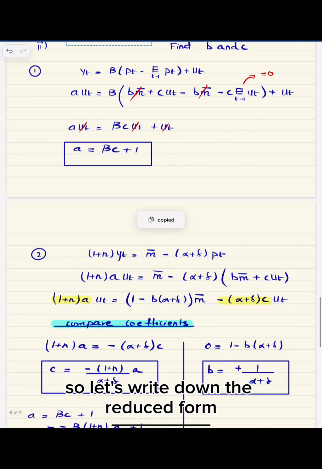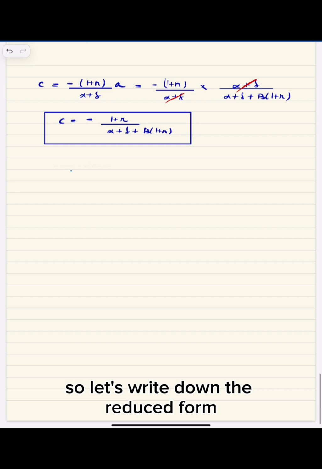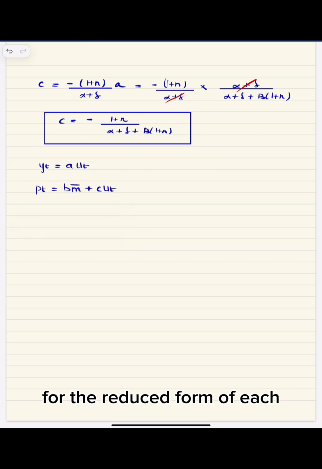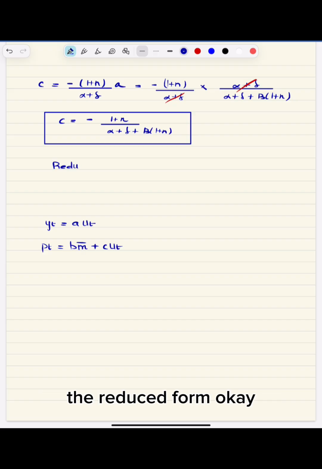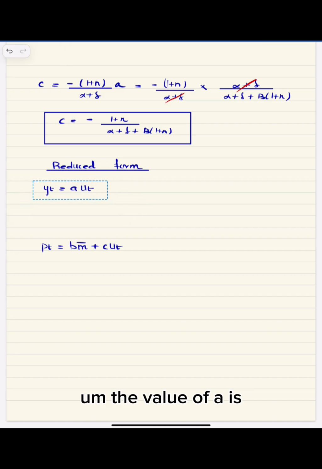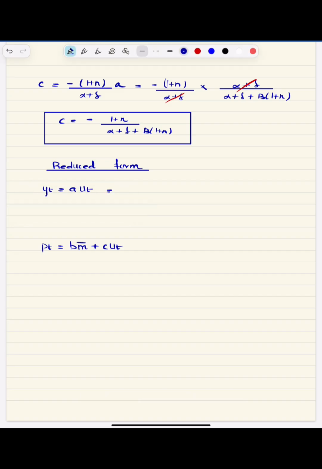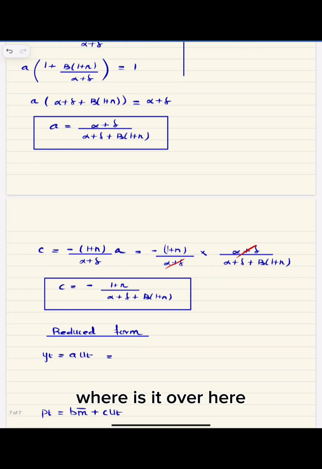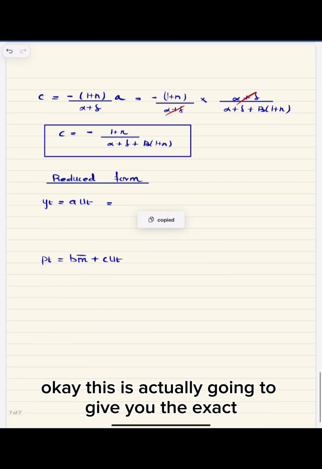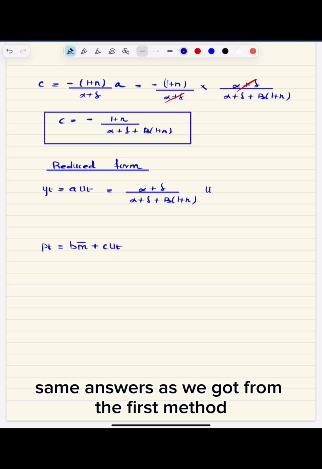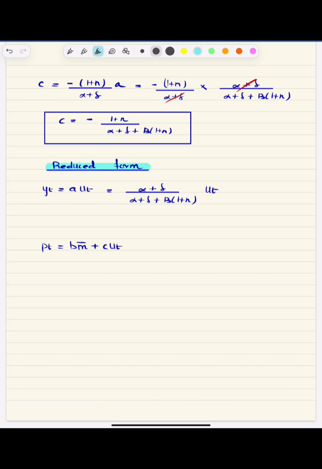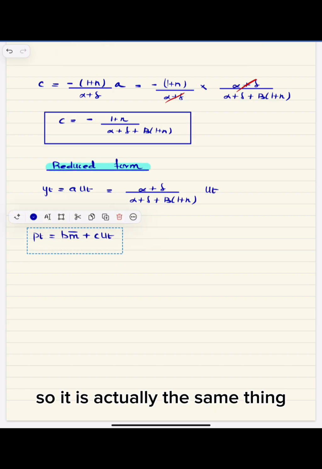So let's write down the reduced form. For the reduced form, okay. The value of a is, where is it? Over here. Okay. This is actually going to give you the exact same answers as we got from the first method. So it is actually the same thing.